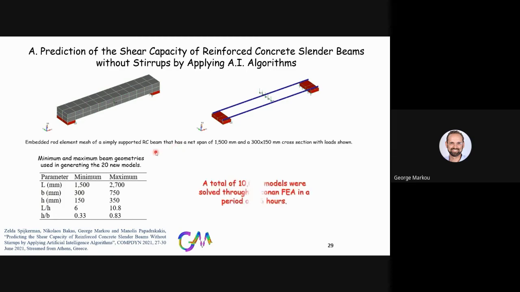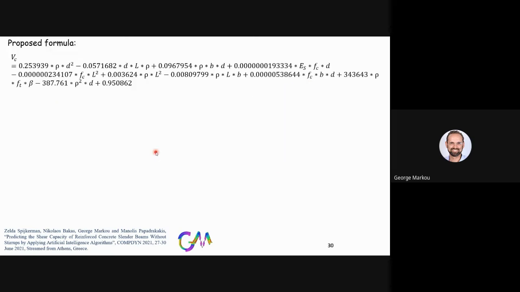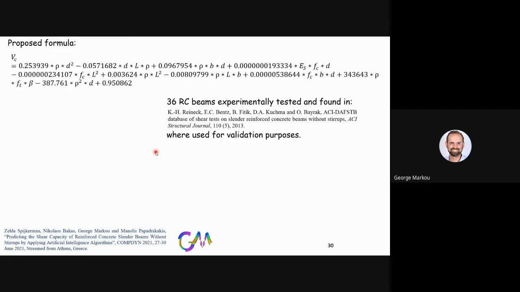So we generated a total of 10,000 models that were analyzed through the use of Recon and FAIR. And we developed a closed form formula, which is shown here. And thereafter, by the way, the training and the testing were performed by using this data set that was developed in a digital manner, right?